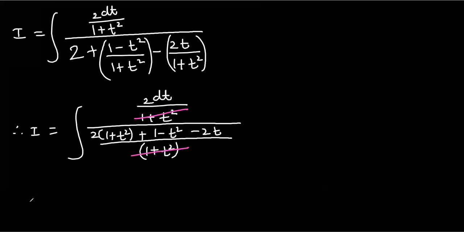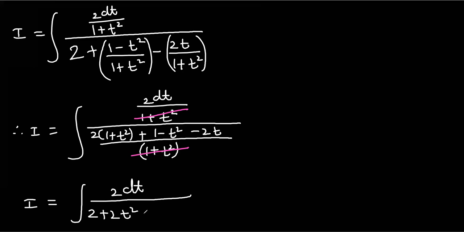Then you have I equals 2 dt. Multiply the 2 inside, you get 2 plus 2t square plus 1 minus t square minus 2t.